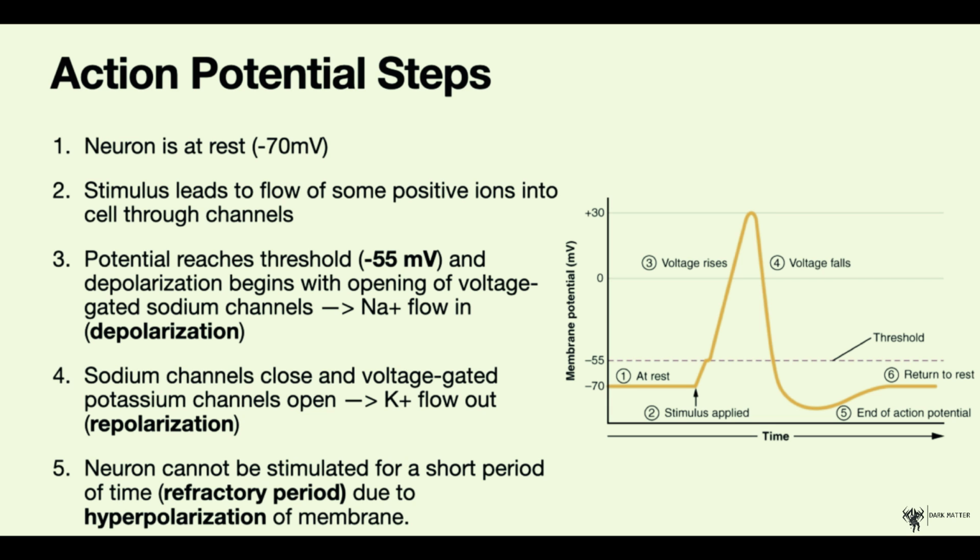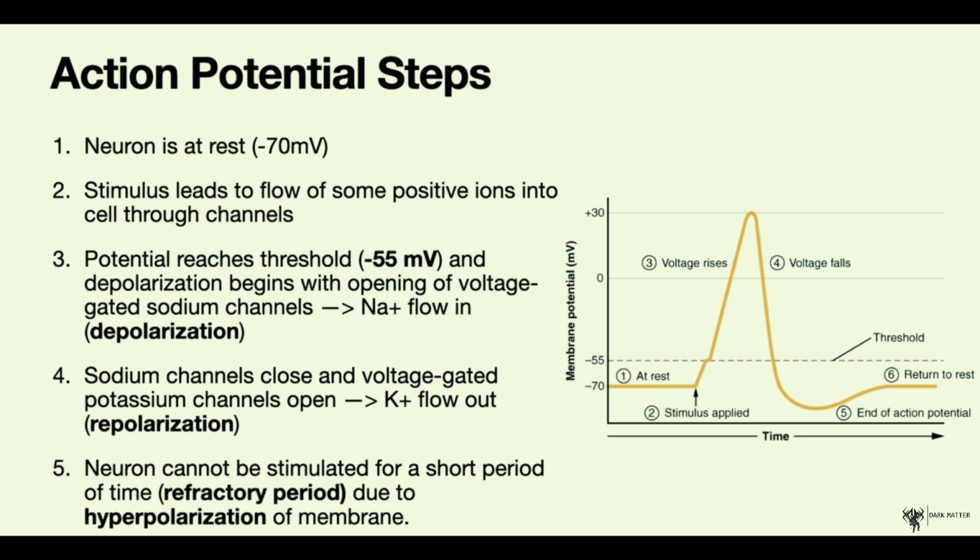The process starts with a certain stimulus, for example, from another neuron, that will lead to the opening of some ion channels and the flow of positive ions into the cell due to the electric attraction with the negatively charged interior. If this flow is strong enough to get the potential to -55 millivolts, which we call the threshold potential, then voltage-gated sodium channels will open, and there is a huge influx of sodium ions into the cell through these channels. This is the phase that we call depolarization.